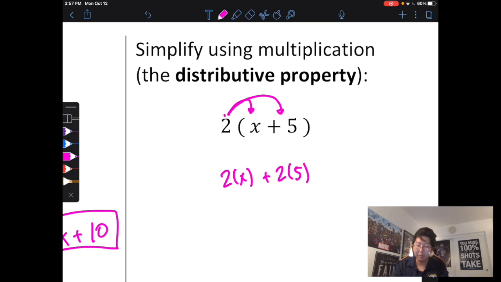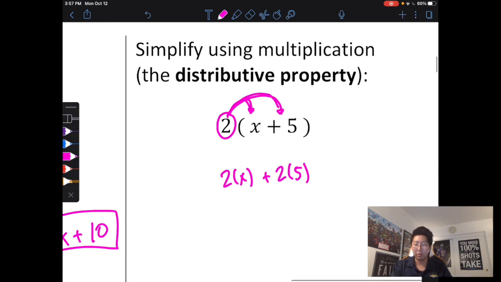So what I'm doing is taking the number of groups, the number outside the parentheses, and there can potentially be a negative number in front, but right now it is not. So I'm going to take this 2 and distribute it, using the concept of multiplication, and multiply 2 times x and 2 times 5.